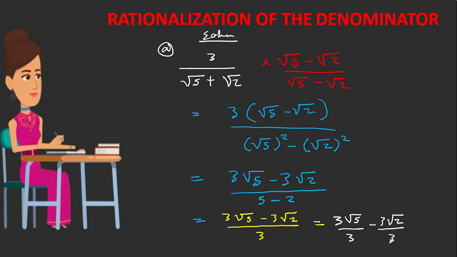Then from there, if you work that out, you are going to discover that this 3 and that 3 will go. In short, our final answer is as follows, which is simply square root 5 minus square root 2, which is our final answer.